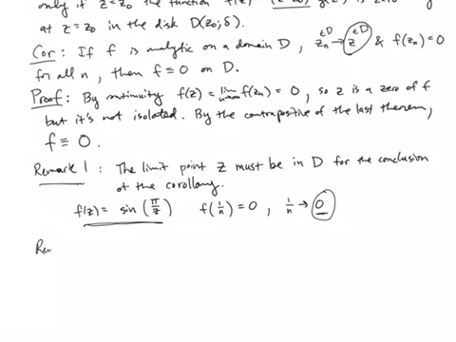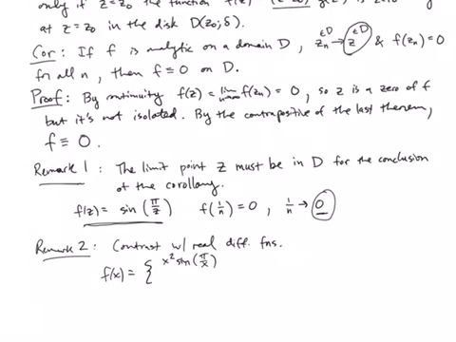And also a remark too is that you can contrast this behavior of analytic functions with real differentiable functions. So for example, you can consider the function of the real variable x, x squared times sine of pi over x for x not equal to 0, and 0 when x equals 0.